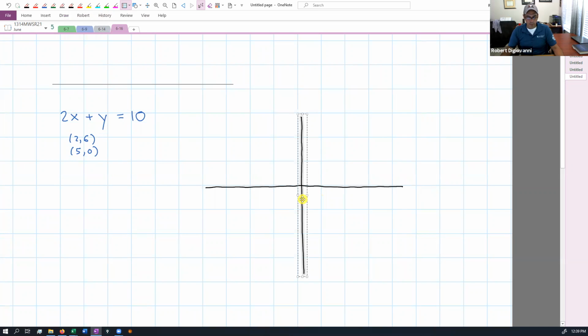Oh, that didn't work. Okay, so 2, 6. That means I go to the right 2. I'm going to say that's 1, that's 2, up 6. 1, 2, 3, 4, 5, 6. So I go to the right 2, up 6. That point, 2, 6, is a visual representation of one of the answers to that equation.